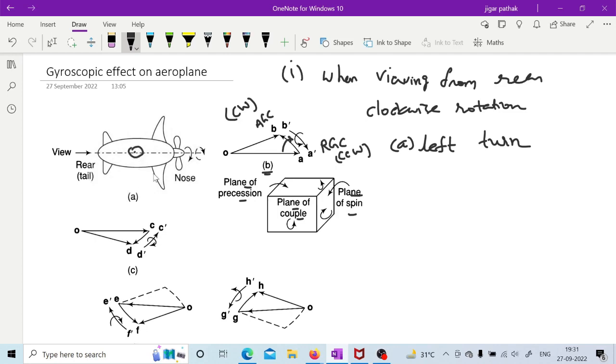About that axis the couple will be in the counterclockwise direction, so what will happen? It will try to raise the nose and dip the tail.